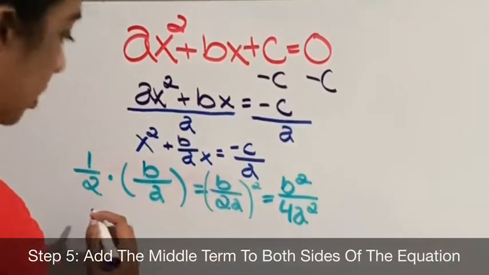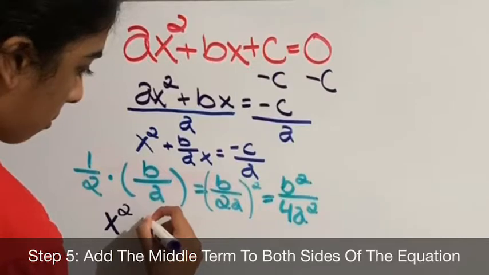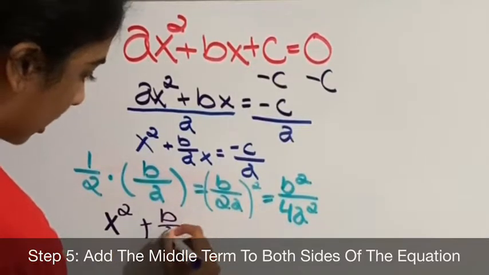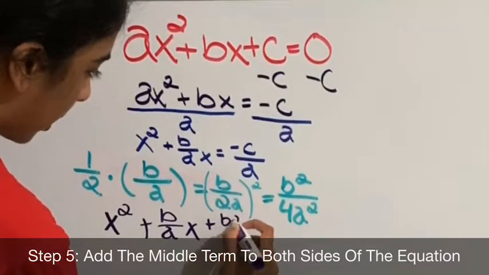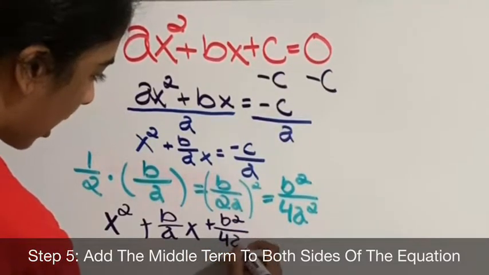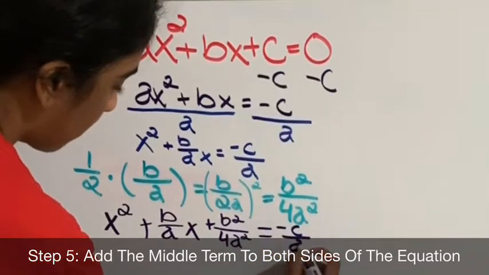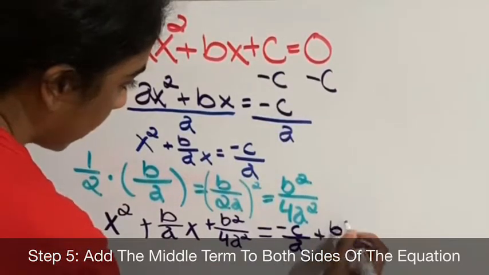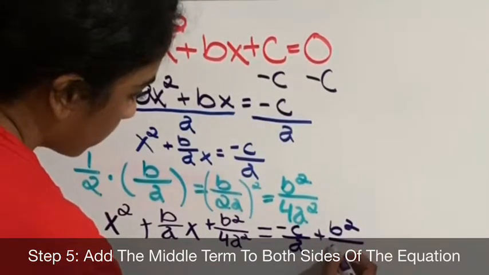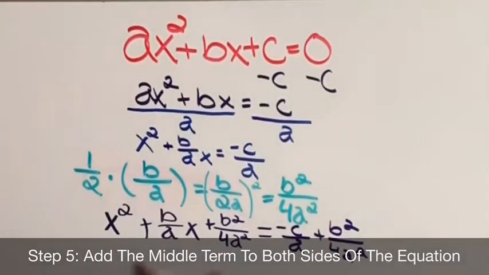So we're going to do x squared plus b over a x plus our term b squared over 4a squared equals negative c over a, and remember we're adding it to both sides of the equation, plus b squared over 4a squared. So now we have a perfect square trinomial on the left side of the equation.